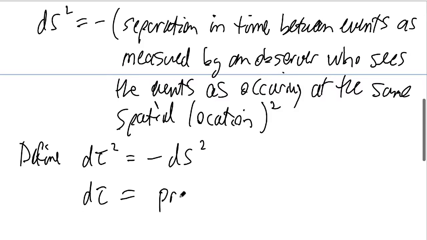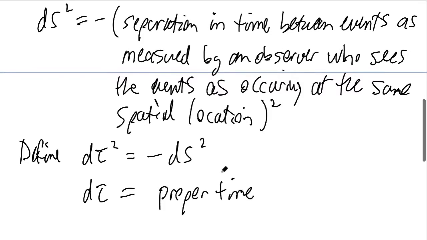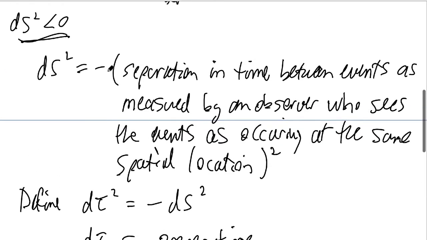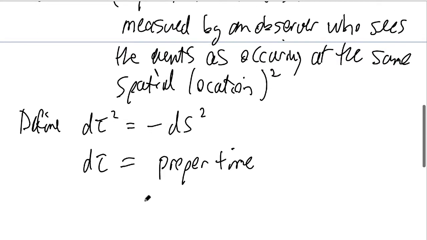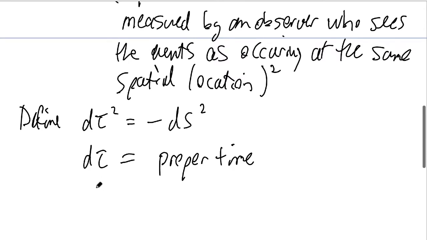This is referred to as the proper time between events. So it's the time between the events as measured by an observer who sees those events as occurring at the same spatial location. In this case, again, where ds squared is negative, we refer to the two events as being time-like separated.